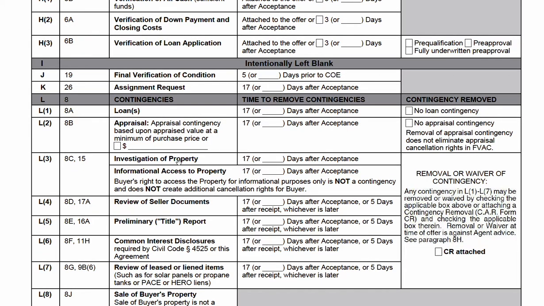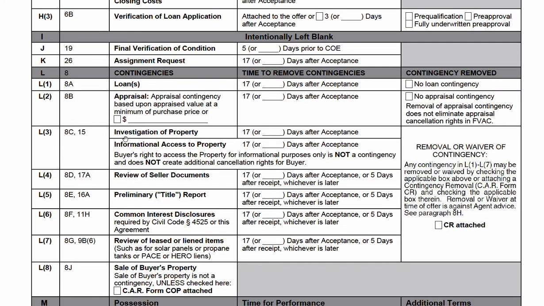Investigation, just general investigation of the property, 17 days. Part of the changeover from the old form is that these are parsed out into different aspects of buyer investigations, where the buyer has 17 days for different things.